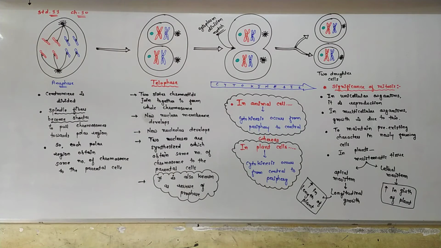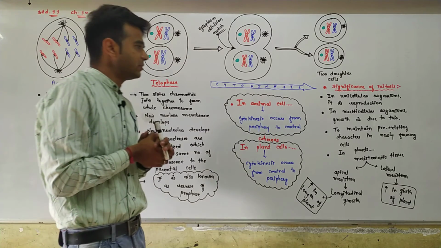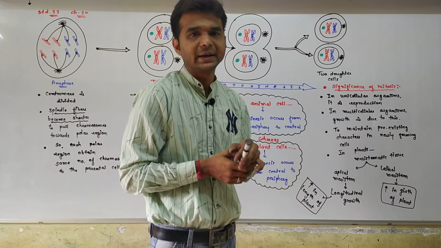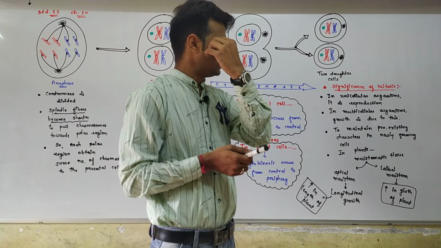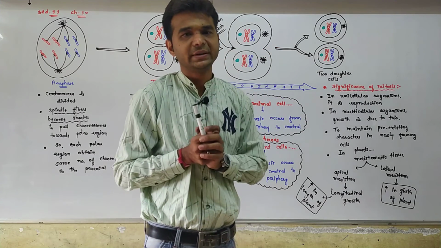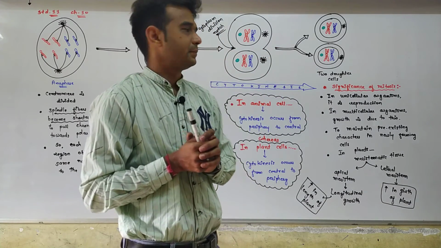Significance of mitosis here. In unicellular organisms, it is one type of reproduction. You know that. In unicellular organisms, mitosis is binary fission, we say that. Right?